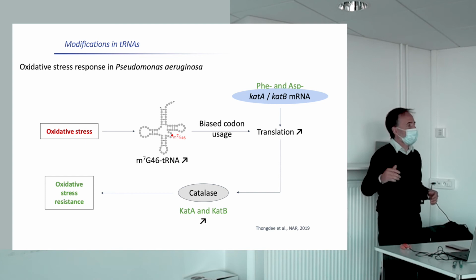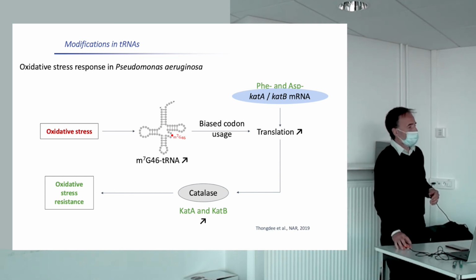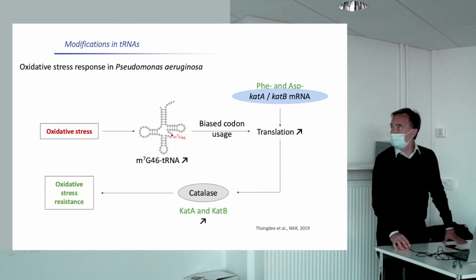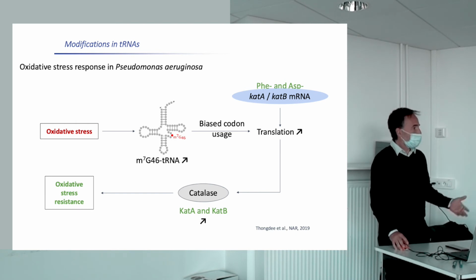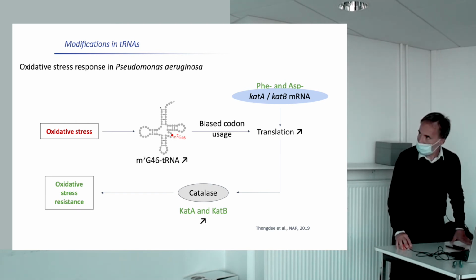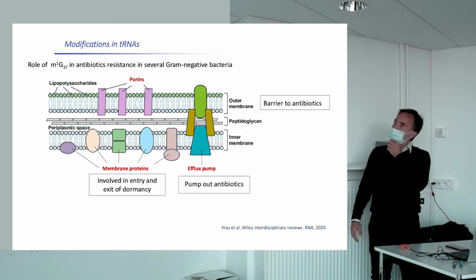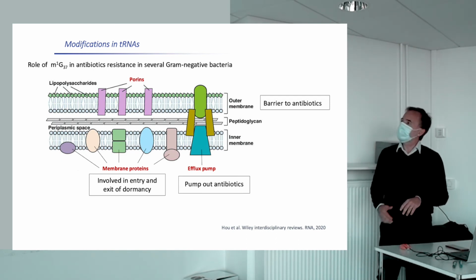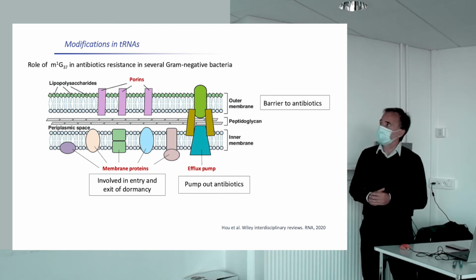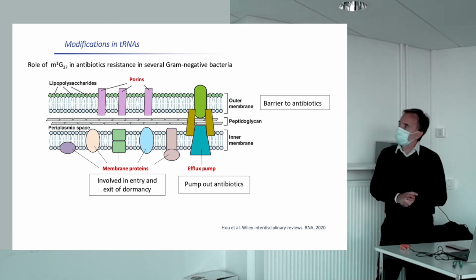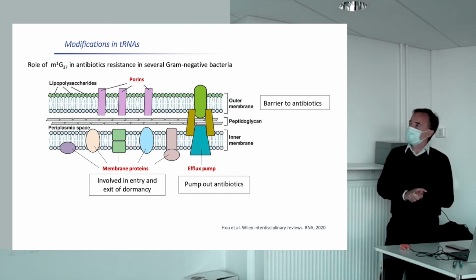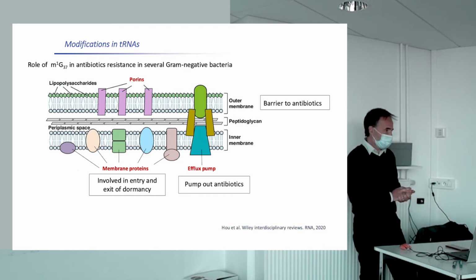I hope that we will learn more about how this modification can induce specific translation of phenylalanine and aspartic acid containing messenger RNA. Okay, another example. In this case, it is in several gram-negative bacteria. One of the mechanisms with which bacteria can deal with antibiotic stress is to remove the antibiotic.